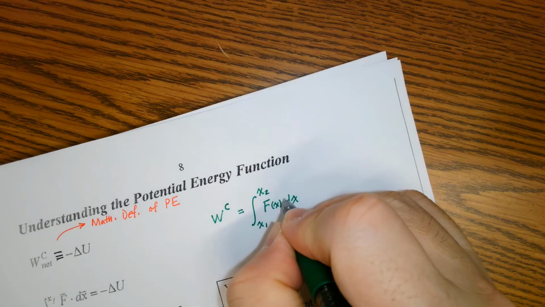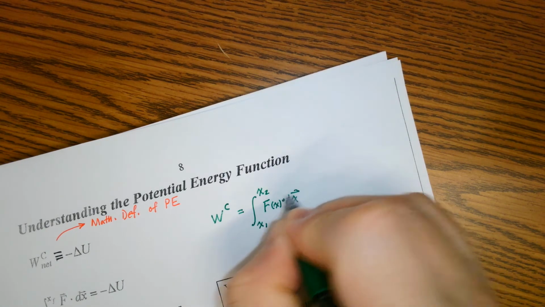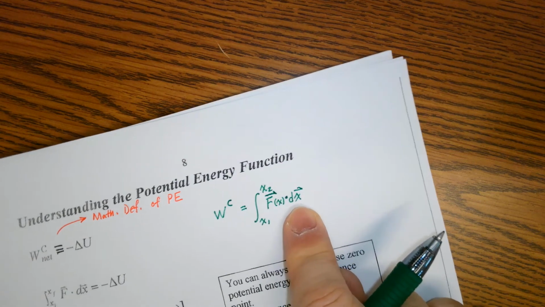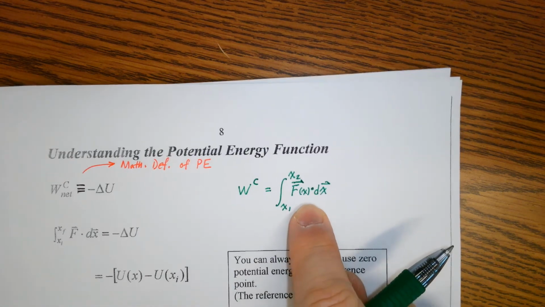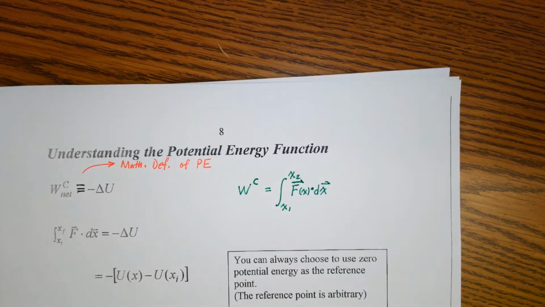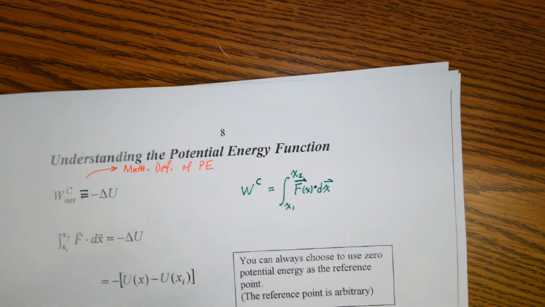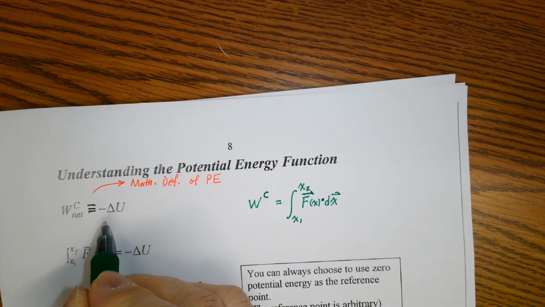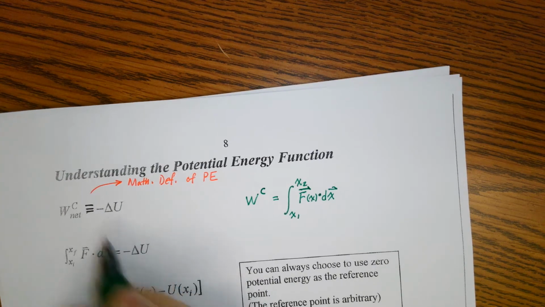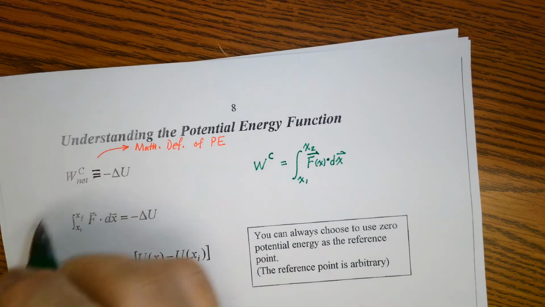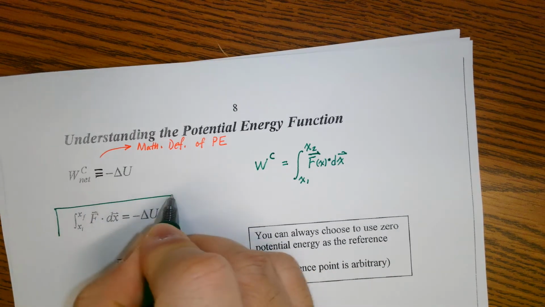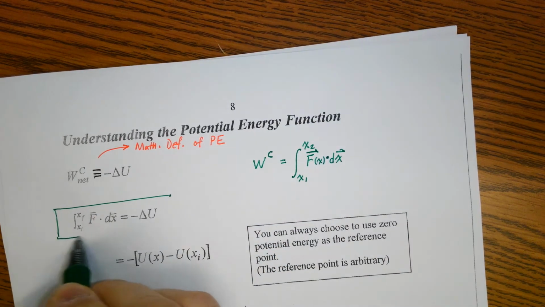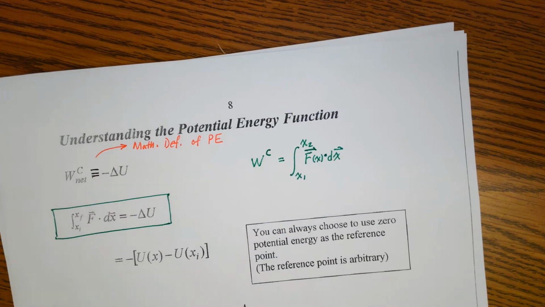It is a dot product of two vectors, so the result will be a scalar quantity. And we are also given that this is the negative change in potential energy. So from here, we can set them equal to each other and say this is equal to the negative change in potential energy.